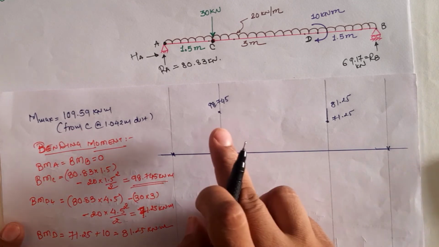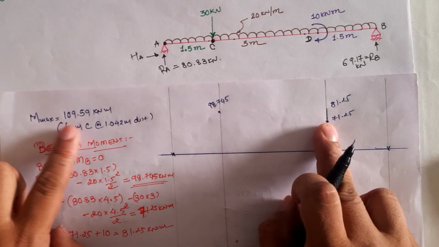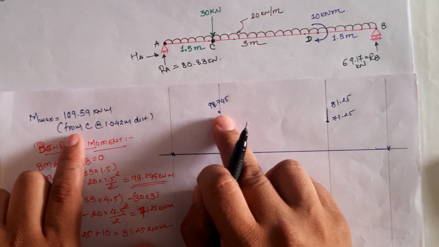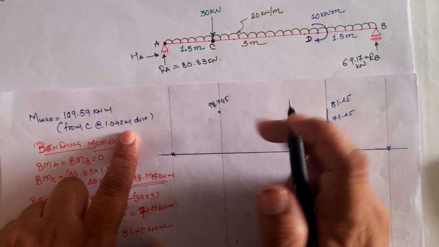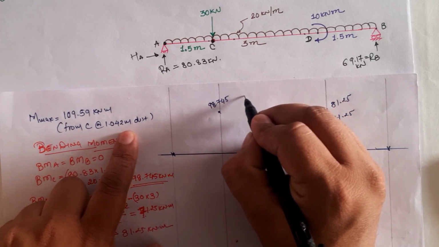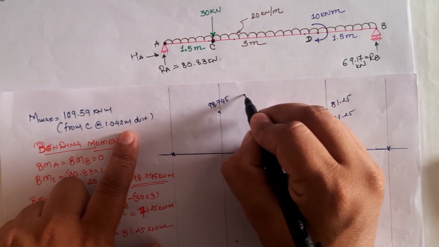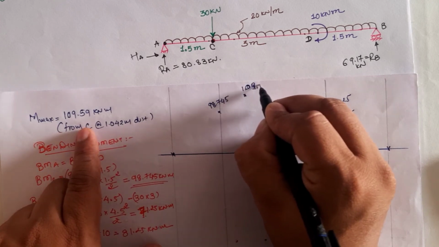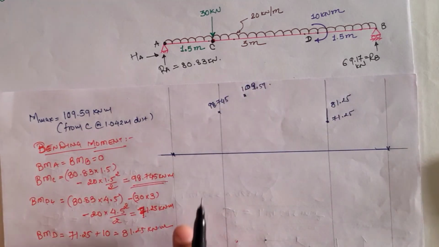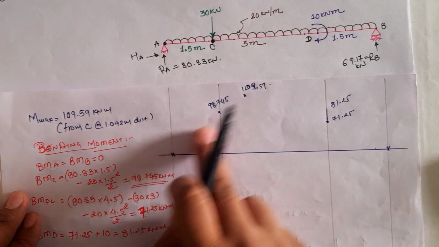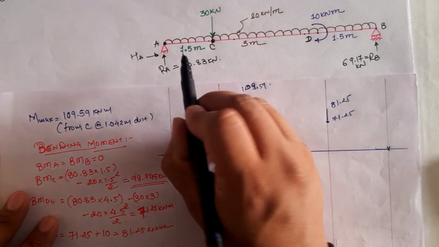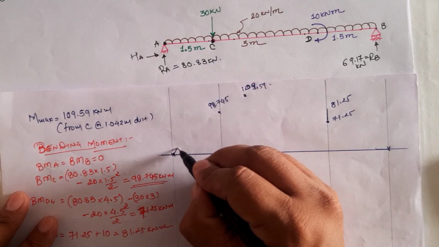But we know that between C to D, the maximum moment is 109.59 kilonewton meter, at 1.042 meter from location C. So near about location C, our maximum moment is 109.59 kilonewton meter. Now we have to construct the bending moment diagram between these points. From location A to location C, due to the UDL, our diagram is curved.